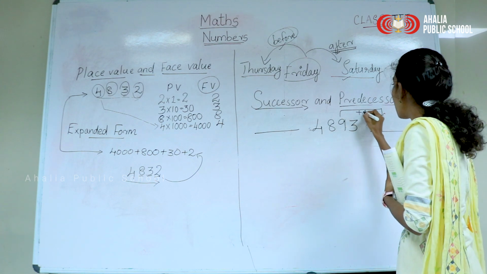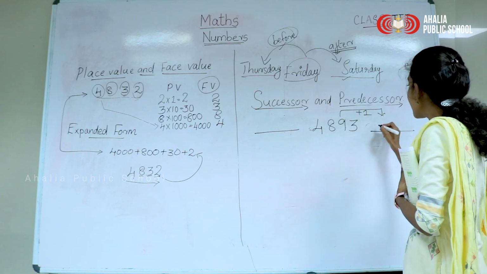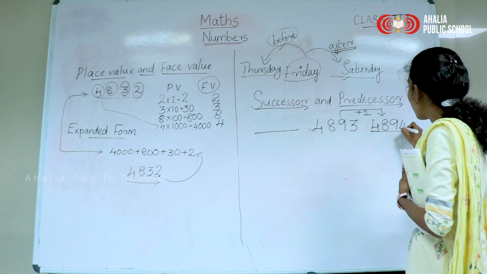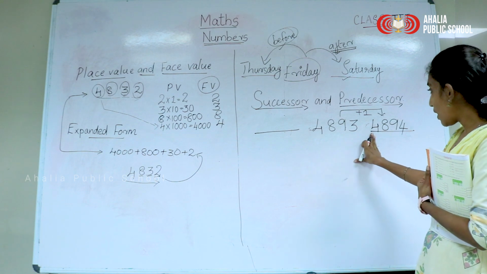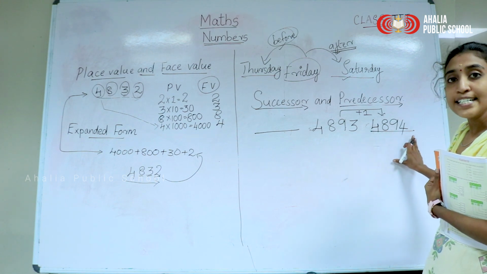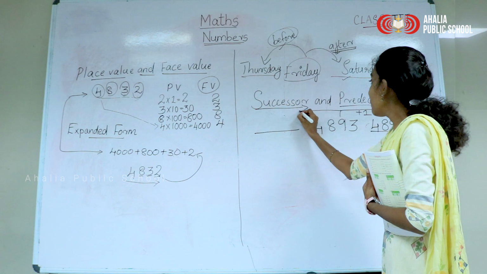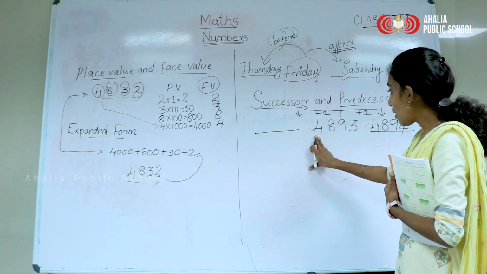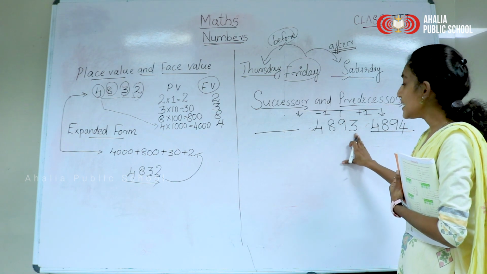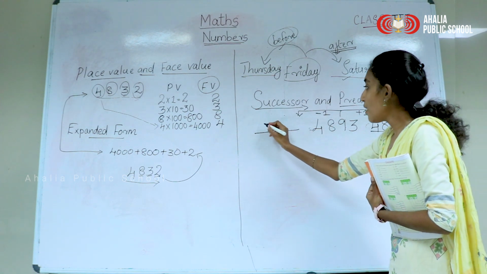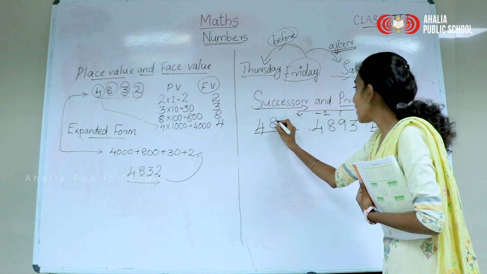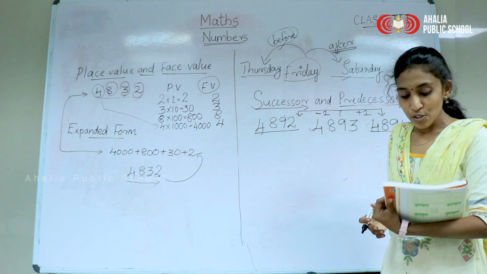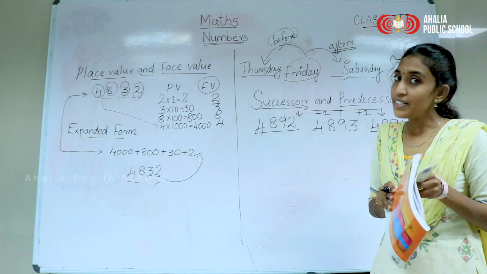We will add 1 to this number. That is 4,894. The answer is 4,894. Now the predecessor, minus 1. Right? So 4,893 minus 1 gives what? 4,892. Okay?